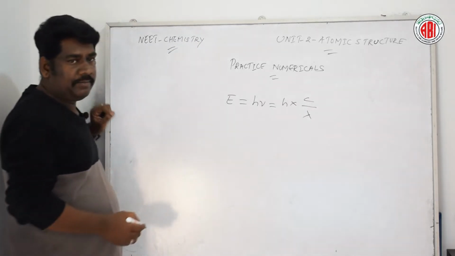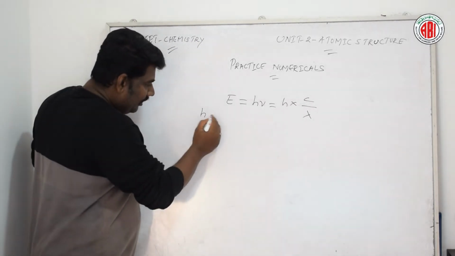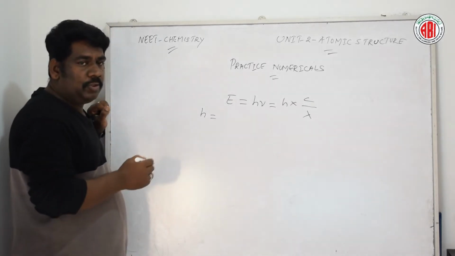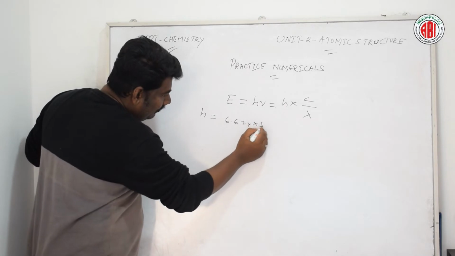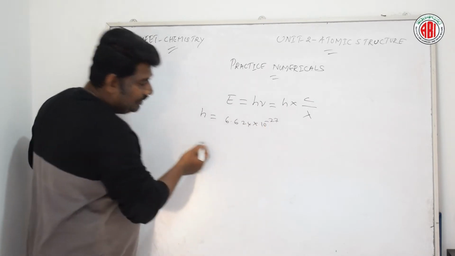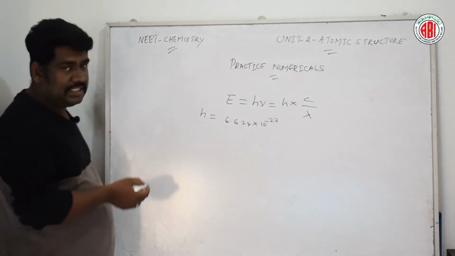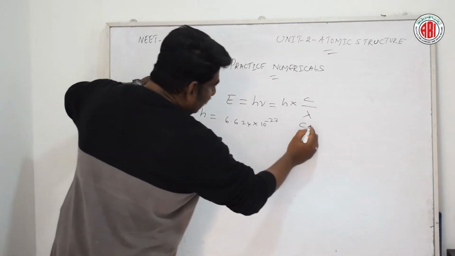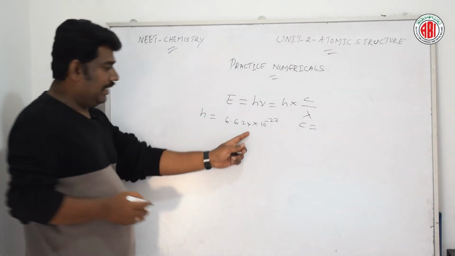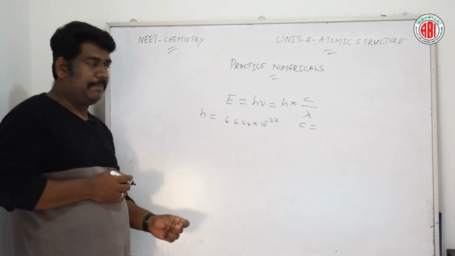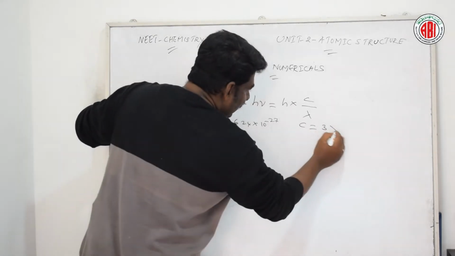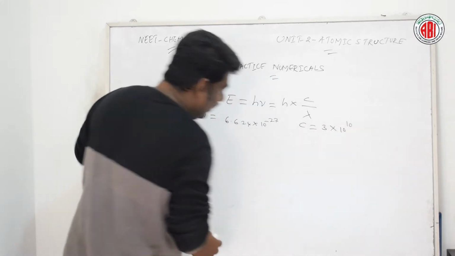Using this formula, the h value, that is Planck's constant, should be written in erg second: 6.624 into 10 to the power of minus 27. And the C value, since we are converting into erg second, the speed of light is to be converted into centimeter per second, that is nothing but 3 into 10 to the power of 10 centimeter per second.